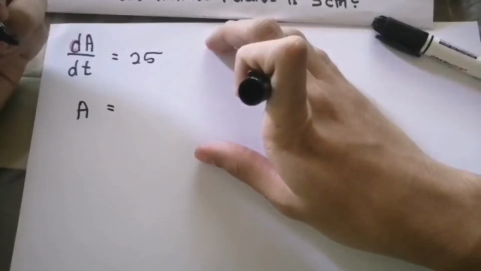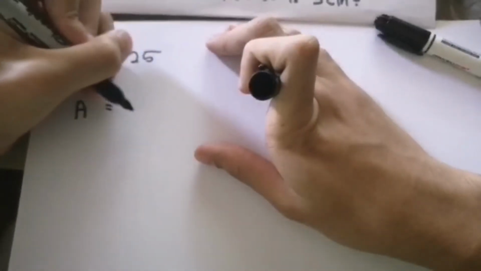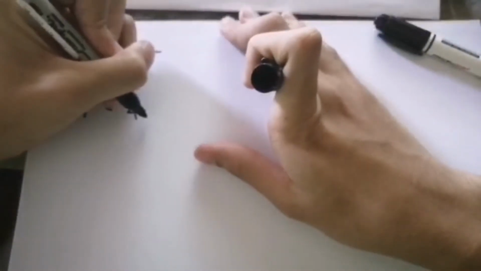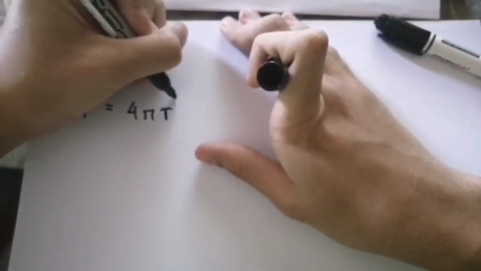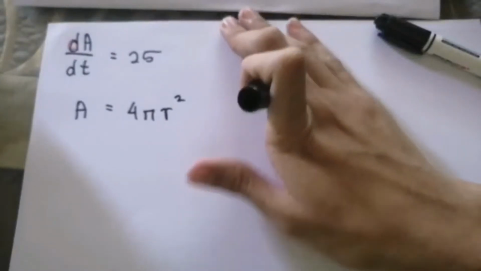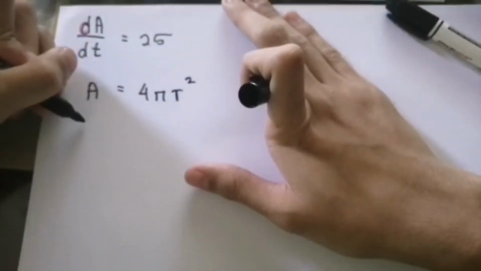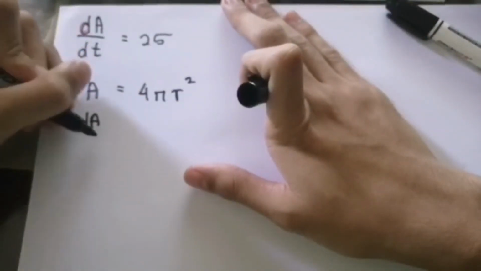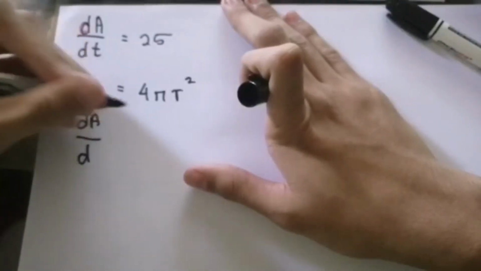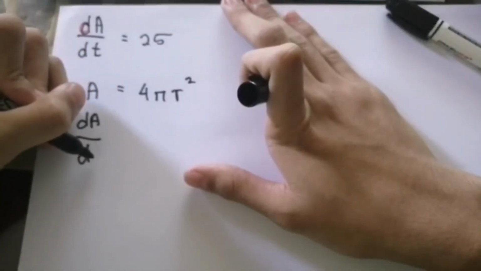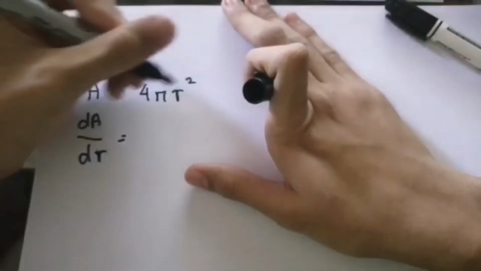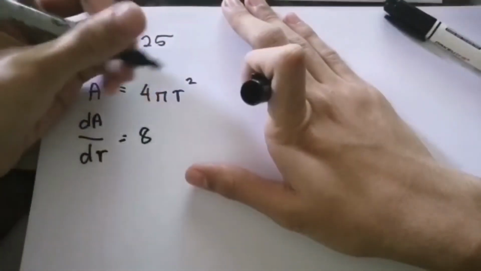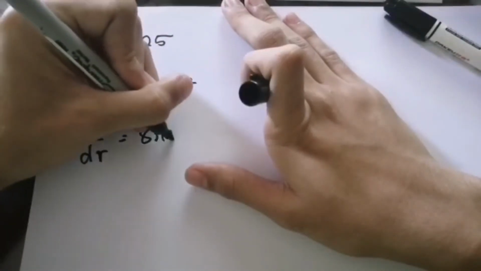The area of the bubble is 4 pi r to the power of 2. So we differentiate the area, and then we will get 4 times 2, which is 8 pi r.